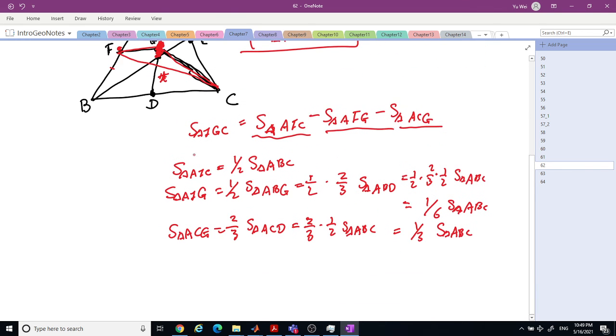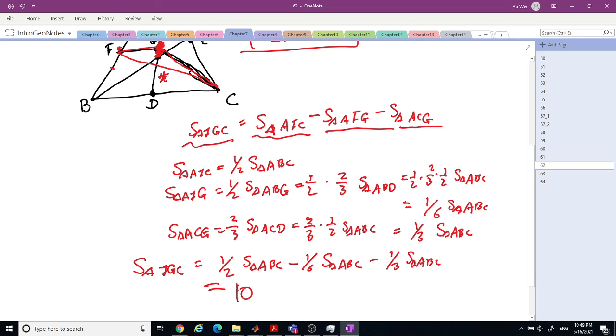Now let's calculate FGC. So triangle FGC is equal to half of the triangle ABC minus 1/6 of the triangle ABC minus 1/3 of the triangle ABC, which is equal to 0. Okay, this is what we want.